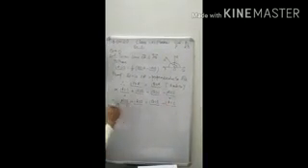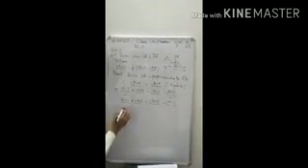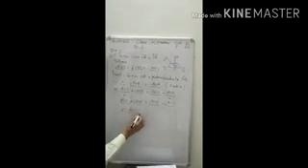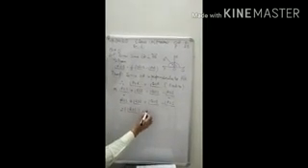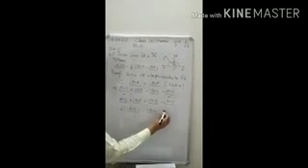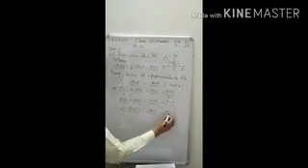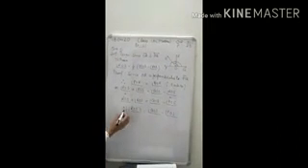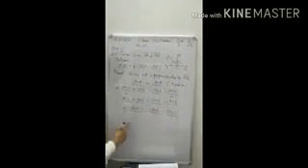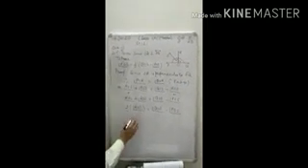Now ROS plus ROS, how much will it be? It will be twice angle ROS is equal to angle QOS minus angle POS. Now you transpose this 2 to that side; here 2 is multiplying and there it will divide, meaning it will go in the denominator. So what will be left here?